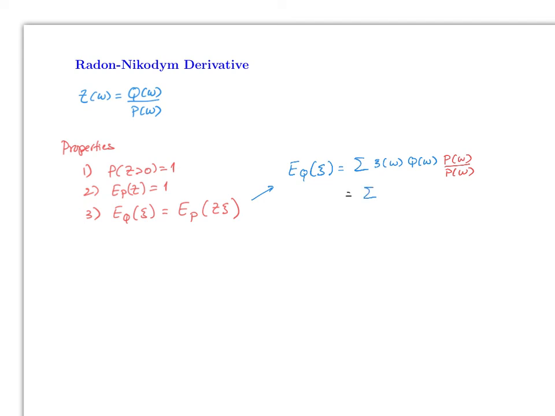So this is the sum of X of omega times Q of omega over P of omega times P of omega. Remember that this is equal to Z, so therefore this is the summation of X of omega Z of omega times P of omega, but that's the definition of the expected value with respect to P of Z times X.